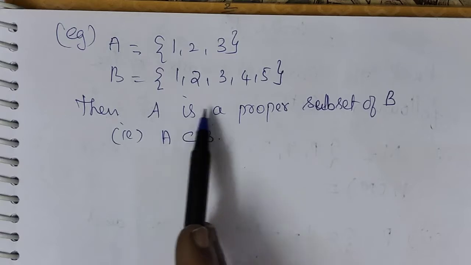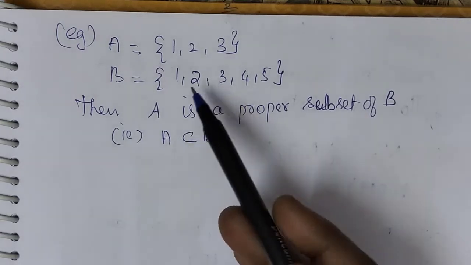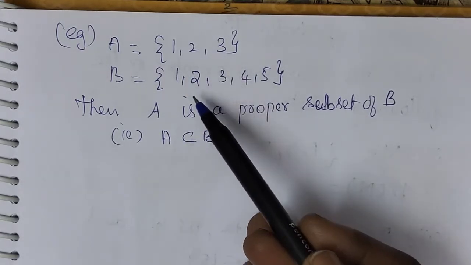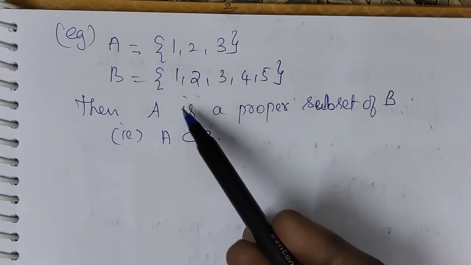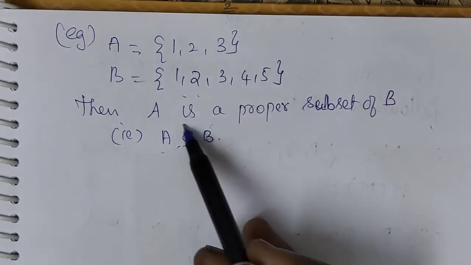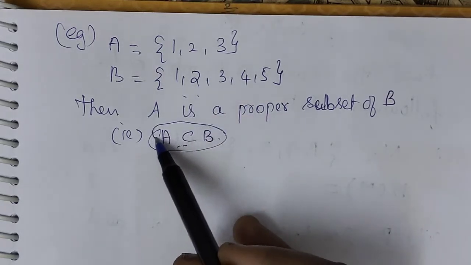Now A is a proper subset of B. See here, elements of A are also elements of B, but A is not equal to B. So A is a proper subset of B.